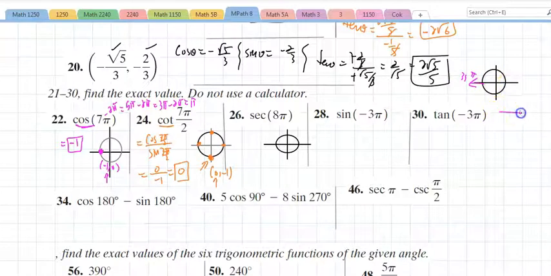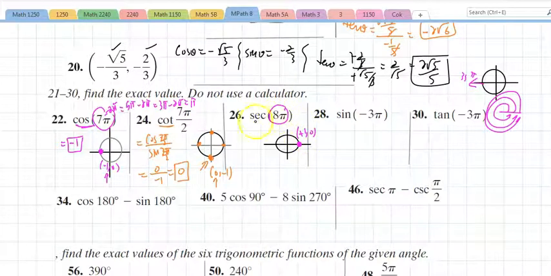And do you see that this is 2 pi, 4 pi, 6 pi? So any even multiple of pi is right there, and any odd multiple is right there. If I am right here, and this is 1, 0, isn't this 1 over the cosine of 8 pi? And I know cosine is a 1. That'll make it a 1.